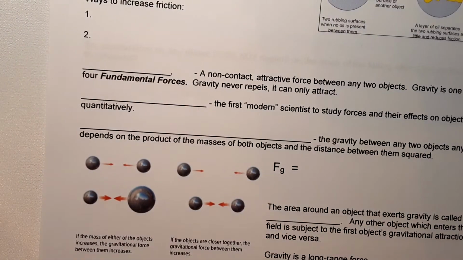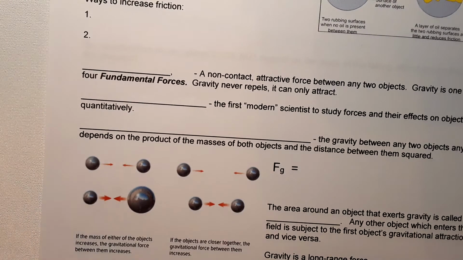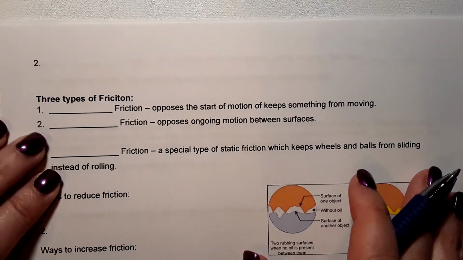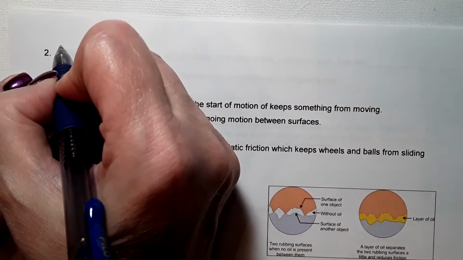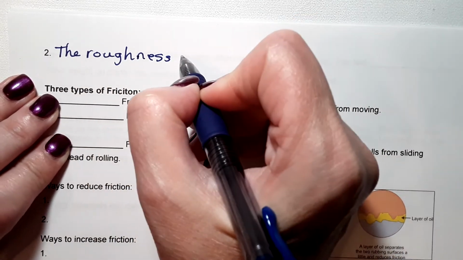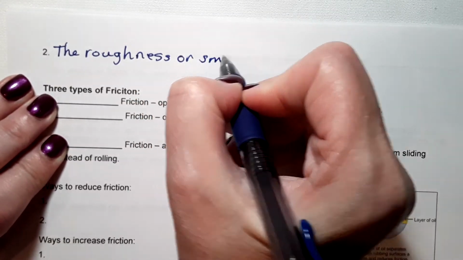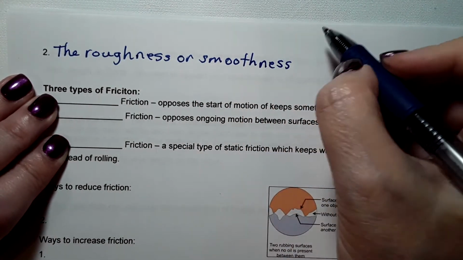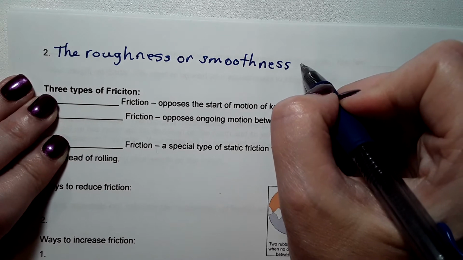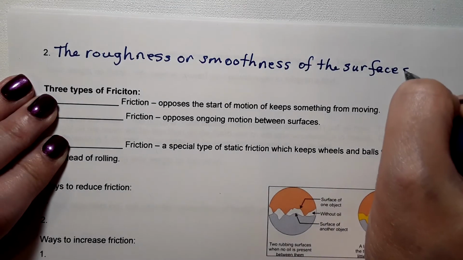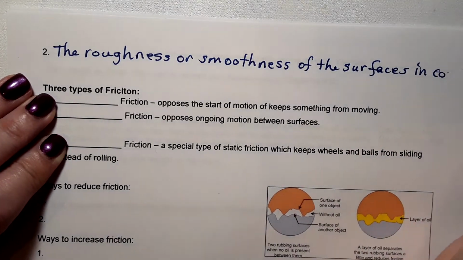Now, let's take a look at the next thing that friction depends on, okay? And that would be the roughness or smoothness, depends on which way you want to say it, the roughness or smoothness of the surfaces in contact.